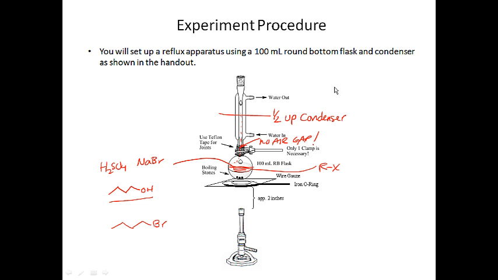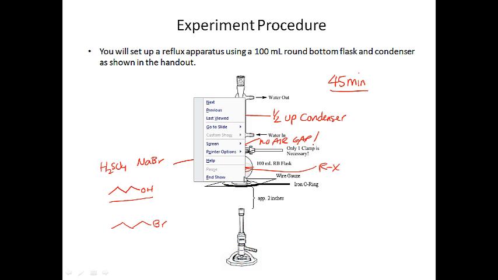Okay, so you're going to set this apparatus up and reflux for 45 minutes. That's how long it takes for the reaction to go to completion. You're keeping track of this the entire time, noting your colors before the reflux, during the reflux, and after the reflux.